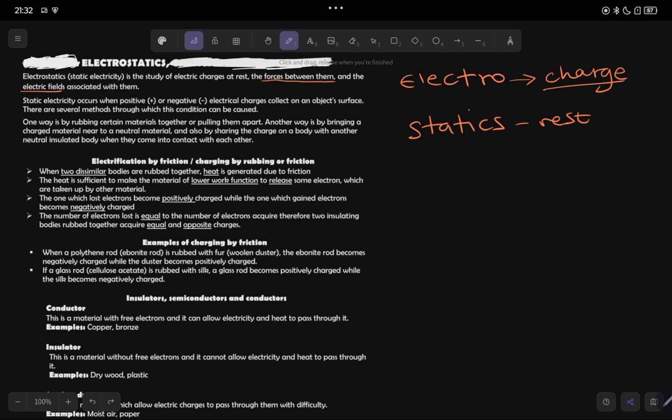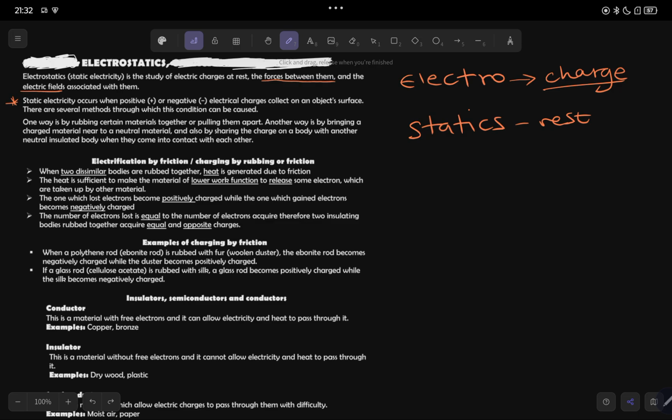This electricity, which is static or which does not move, occurs when positive and negative charges collect on the surface of objects. There are several methods in which we can cause these charges to collect on the surface of any object.